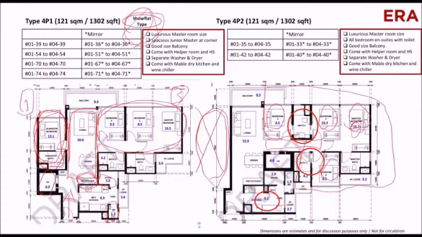So all of them can fit queen size bed, king size bed, definitely. The 4 bedrooms definitely have to be able to fit everything, and these 4P2 also have everything. You have your home shelter, your yard, your store, your dry kitchen. So it's everything all packed inside.